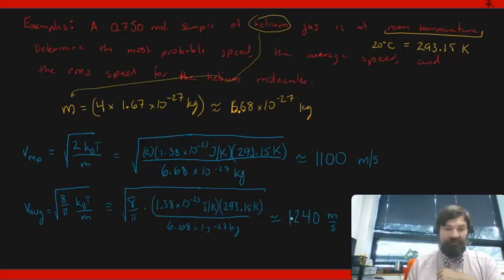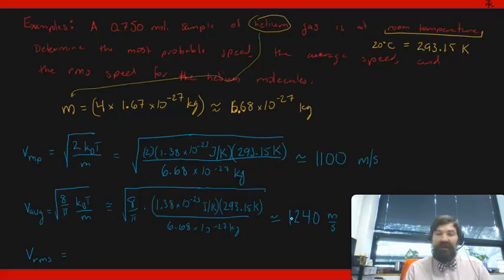Last but not least, we might want to get the RMS value, the root mean squared value of speed. Again, this is akin to taking all of the molecules' speeds, squaring the values, adding them all together, dividing by the number of molecules, and then taking the square root of that final answer.